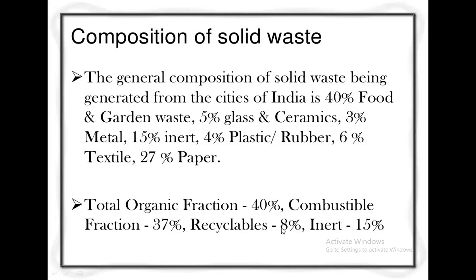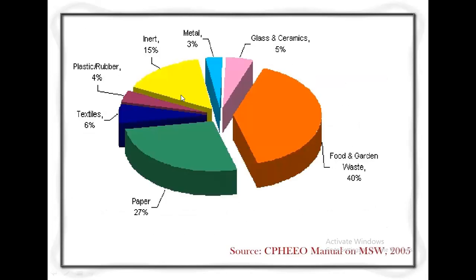Recyclable in that waste is 8%. That is reused for various purposes, or by using that we can generate electricity. Inert is 15%. This is the composition of the solid waste.